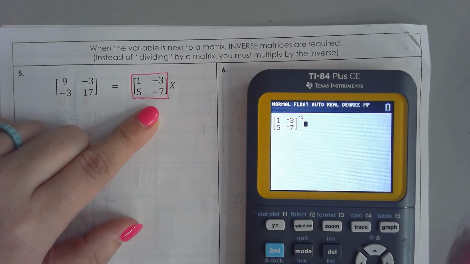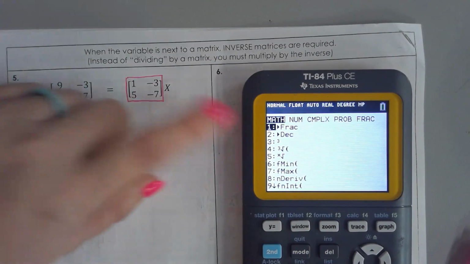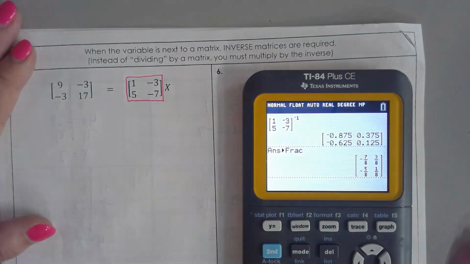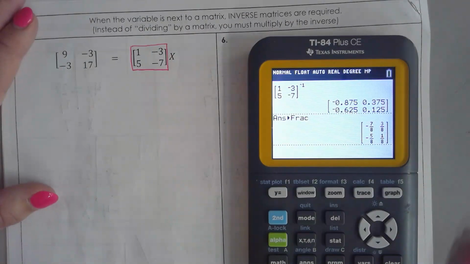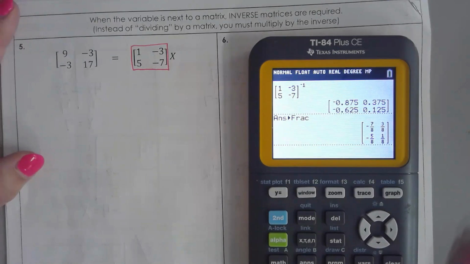And when I hit enter, it gives me decimals. To convert those to fractions, hit the math button, and then enter, enter. So here's the important thing. When we multiply, the inverse has to go in the front.